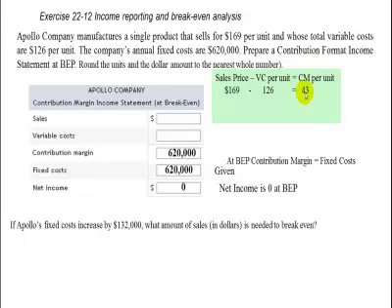Then we can very easily find out how many units we sold by taking the $620,000 worth of total contribution margin, dividing that by $43 per unit, and this will tell us how many units we sold.